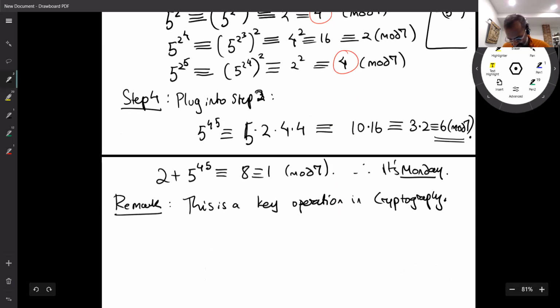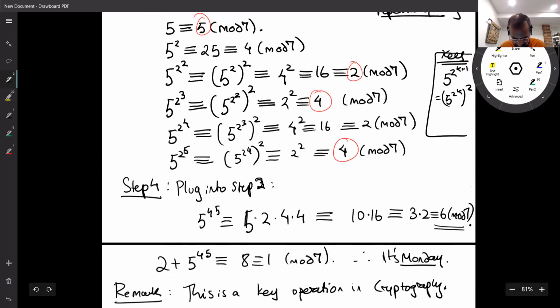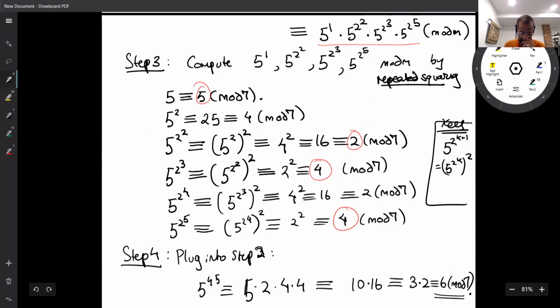All internet security, all that stuff is based on number theory. We'll discuss this in a couple of lectures. And one of the key operations is to be able to raise things to a huge power modulo a prime number. So any questions about this repeated squaring algorithm?